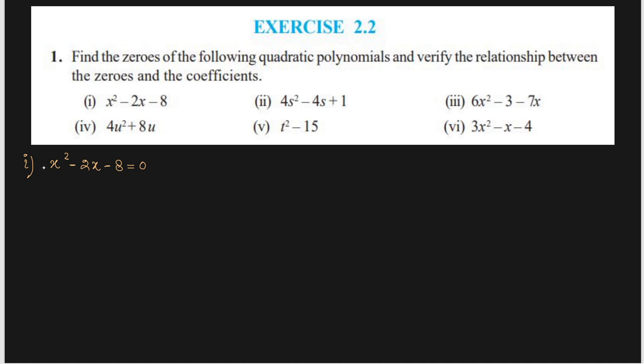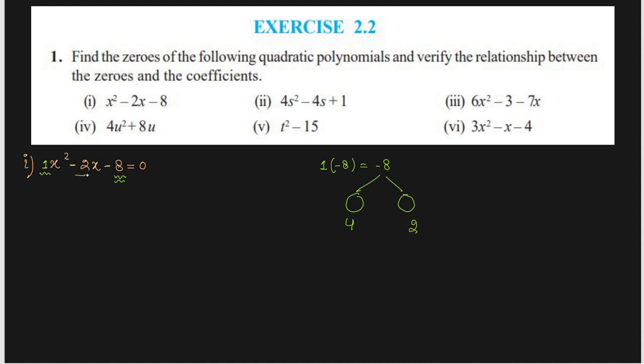What is the step to find the factors? Take the coefficient of the first term, which is 1, and the constant term, which is negative 8. 1 times negative 8 is negative 8. Break it into two terms so that you can get a negative 2. I can break it into 4 times 2, which is 8.